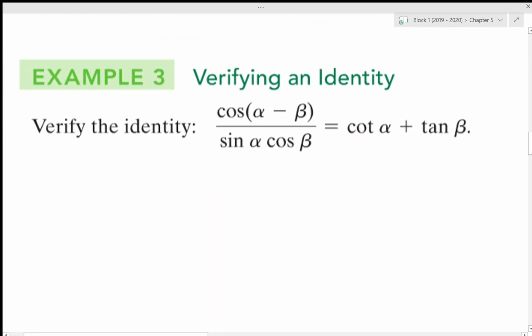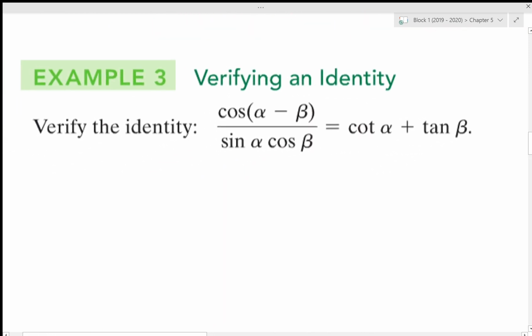Okay. Now, verifying an identity. So if I ask you to verify the identity, cosine alpha minus beta, all over sine alpha cosine beta equals cotangent alpha plus tangent beta. Now, I know we just spent a lot of time practicing verifying trig identities. Remember the big rule, know your identities and work with the uglier side.